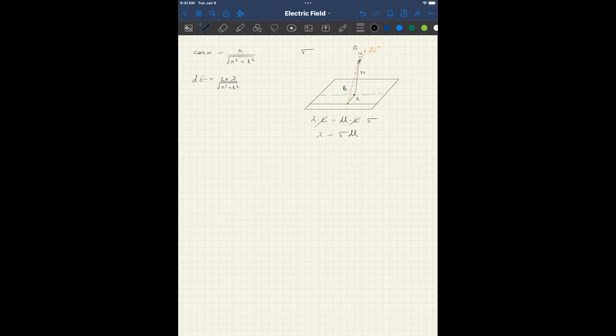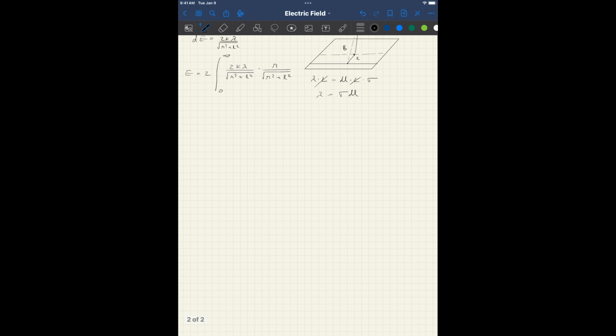Okay, so now we will integrate the electric field strength. So actually we're going to say E equals 2 times the integral, because it's like the 2 halves, from 0 to infinity of 2k lambda over the square root of r squared plus L squared times r over the square root of r squared plus L squared.